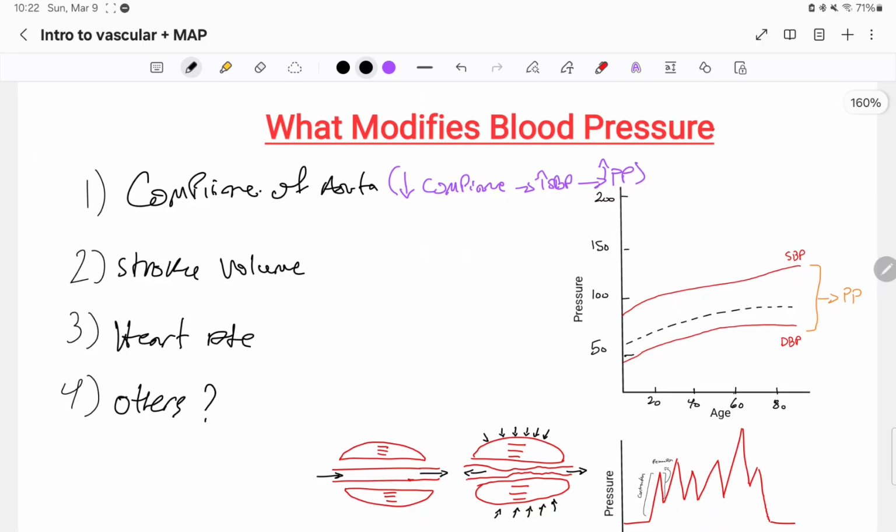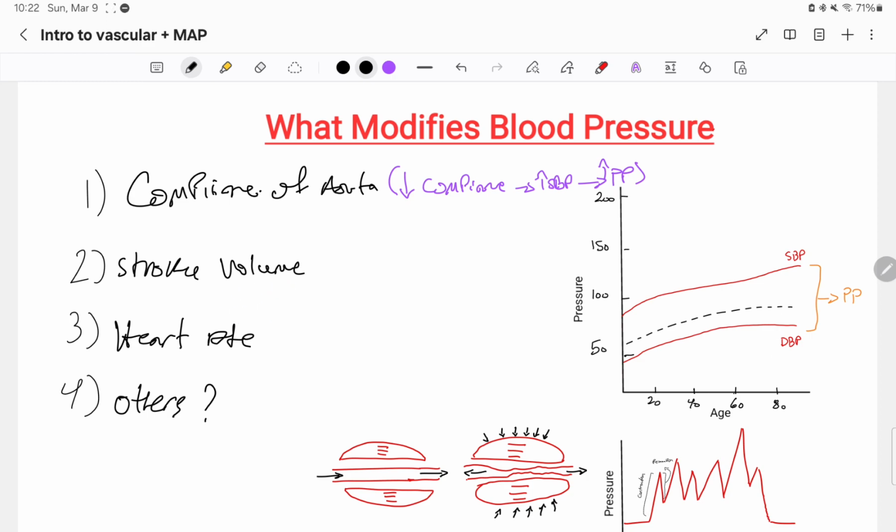So as you age, your aorta becomes less compliant, and that's got many reasons. For example, we start synthesizing more collagen, and we don't synthesize as much elastin, and we actually break it down, and that's just because we're aging. And because of that, the aorta becomes less compliant, and that will increase the systolic blood pressure and increase the mean arterial pressure, okay? So that's one thing that can modify the blood pressure.